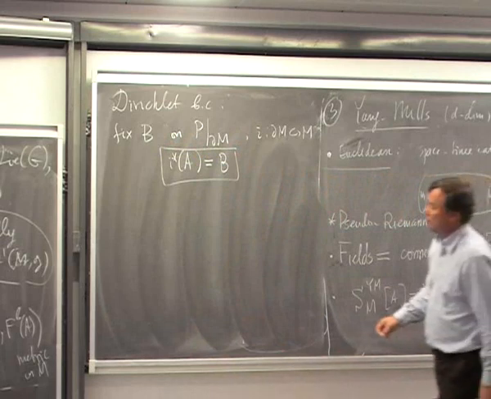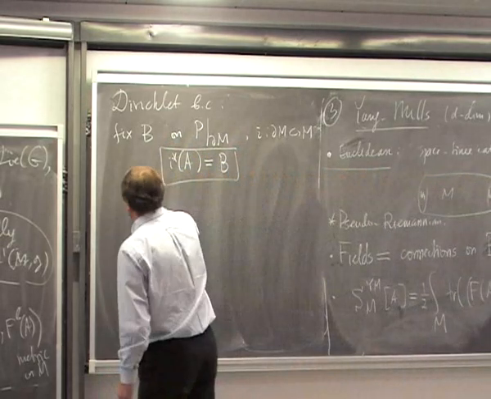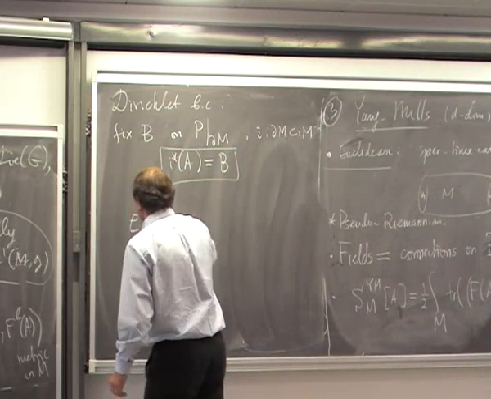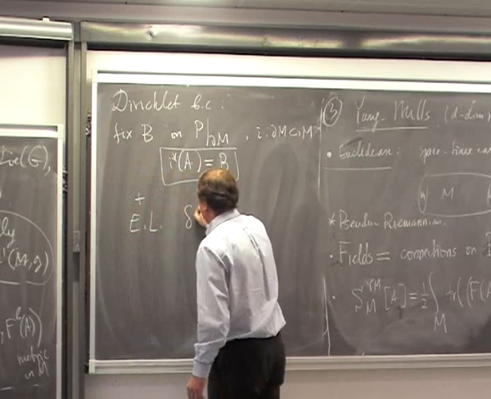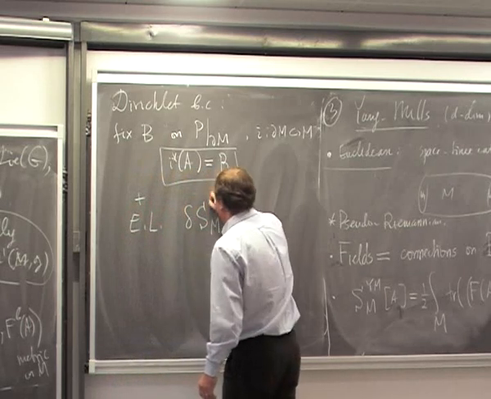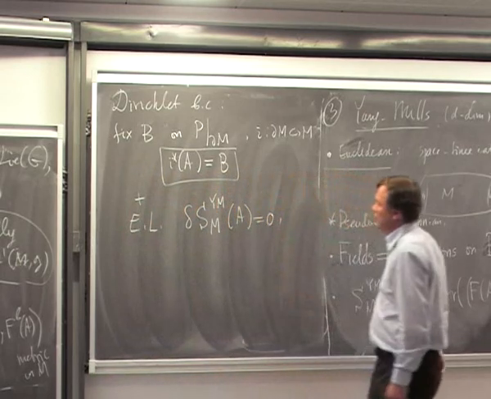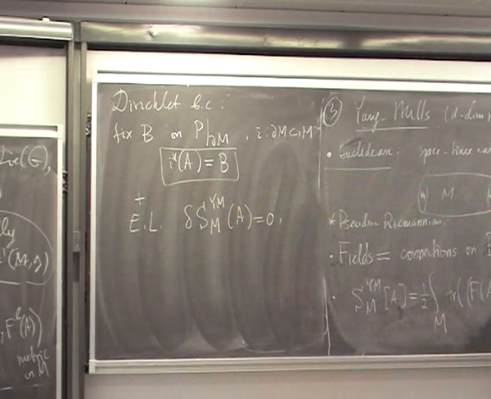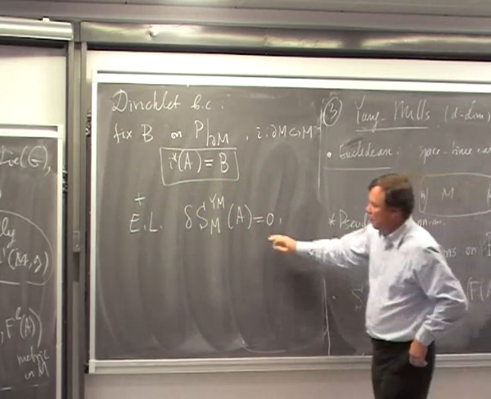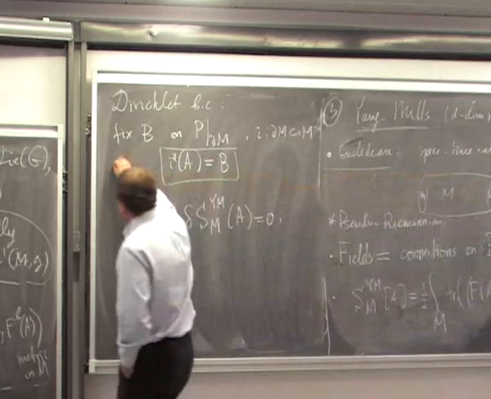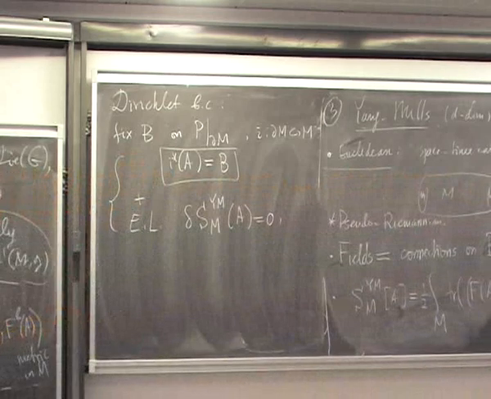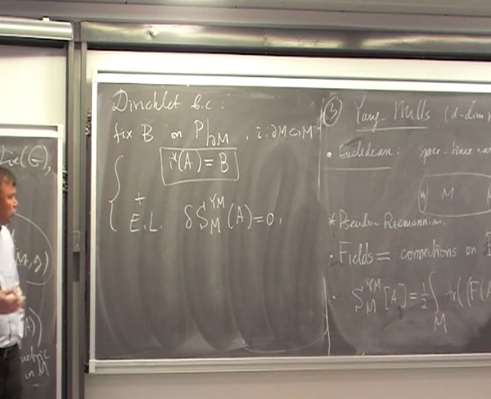Plus Euler-Lagrange equations, that's the condition that the variation is 0. So that could give a good system of differential equations that could give a good boundary problem, but it doesn't.